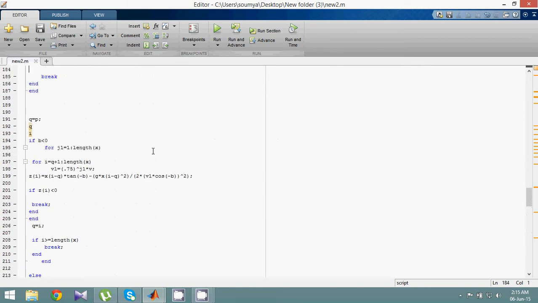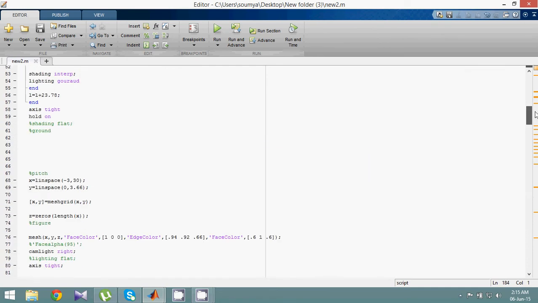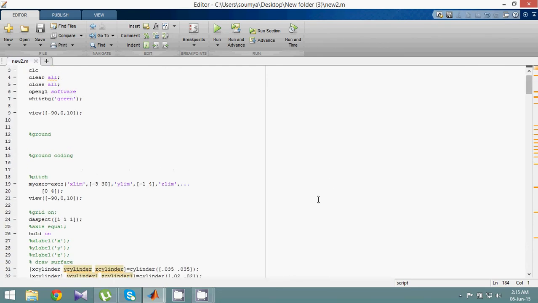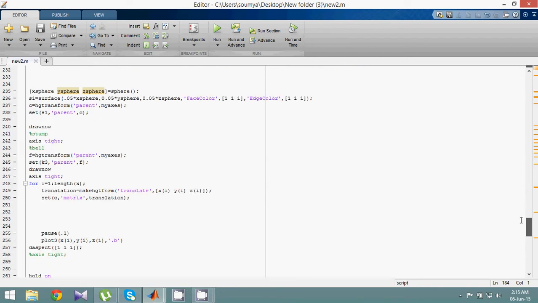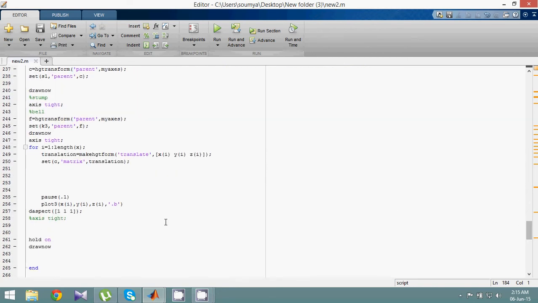My axis I used first to limit x, y, and z. I'm going to show you in a minute. Here my x limit is minus 3 to 30, y limit minus 1 to 4, z limit 0 to 4, right? So that's that.